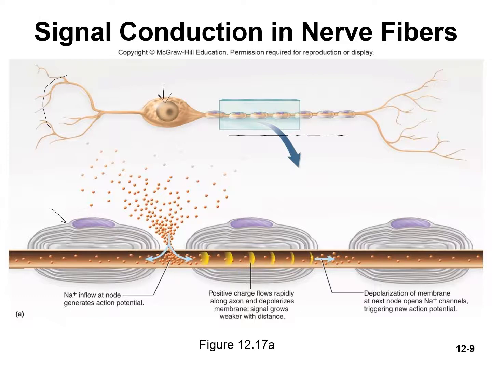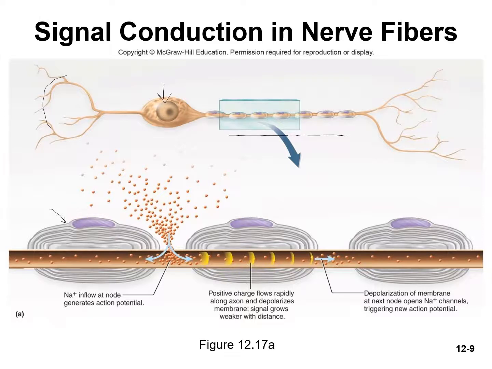We have the positive charge that flows rapidly along the axon and depolarizes the membrane, and the signal is eventually going to grow weaker the further it gets away from this node, but you're still going to have depolarization of the membrane occurring. So the depolarization at the next node is going to be opening more sodium channels, and that triggers a new action potential.